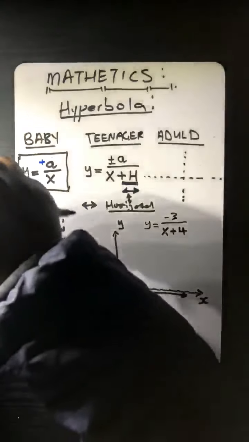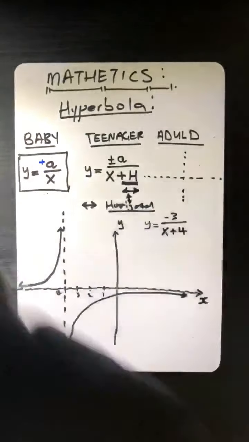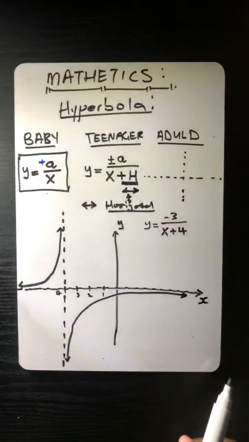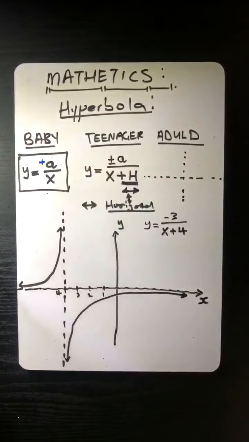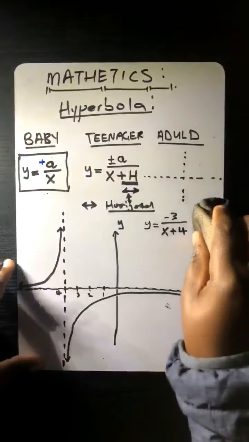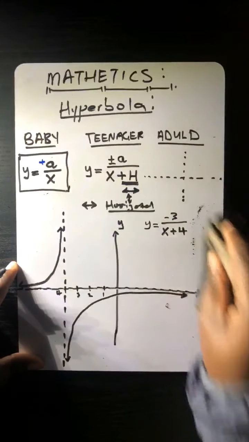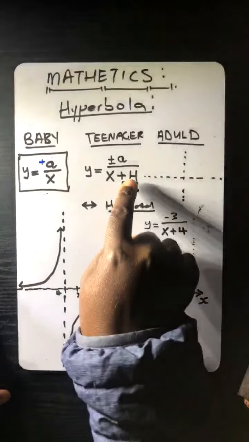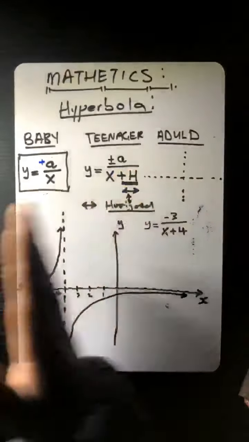100%. So now let's try to have a look at that formula at an adult stage. So this is all that you needed to know regarding a teenage stage. It's more like at the teenage stage, we looked at that graph when it shifts sideways or horizontally.